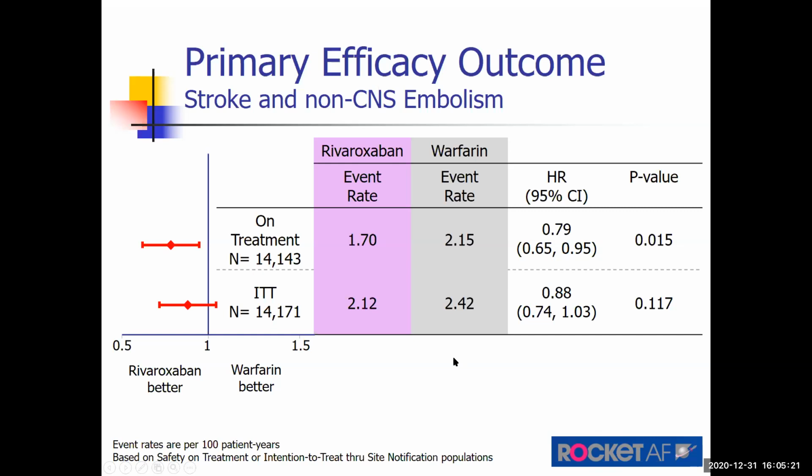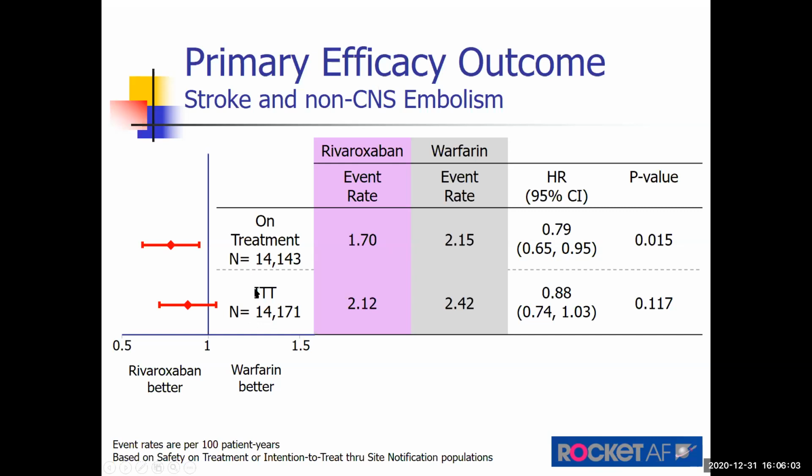If you look at the intention to treat analysis, they have 14,171 patients, and they got a hazard ratio of 0.88 with a p-value of 0.117. They made non-inferiority. I think the non-inferiority margin for this trial was somewhere between 1 and 1.5. I don't remember exactly, but the intention to treat made non-inferiority. There's no doubt about it.